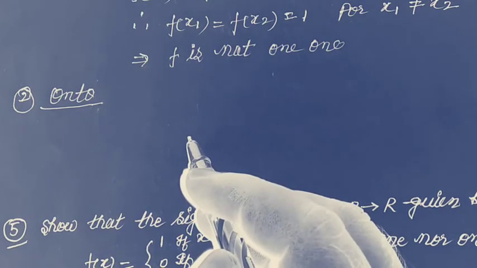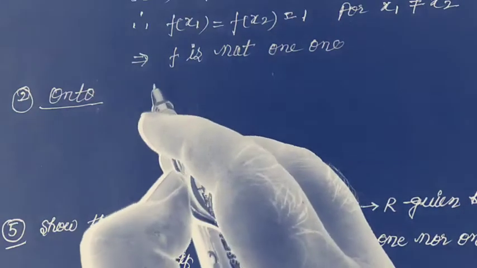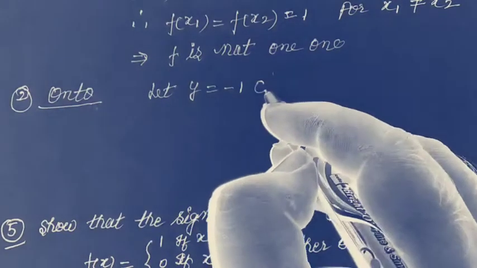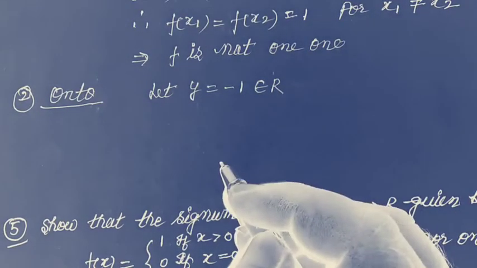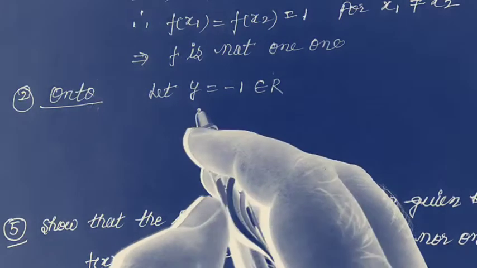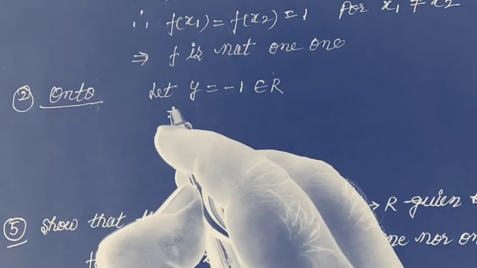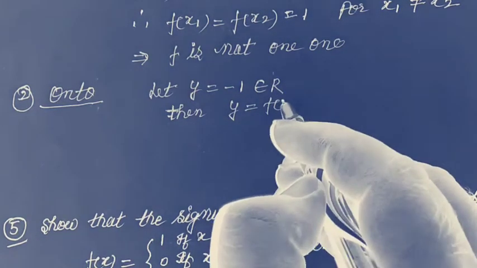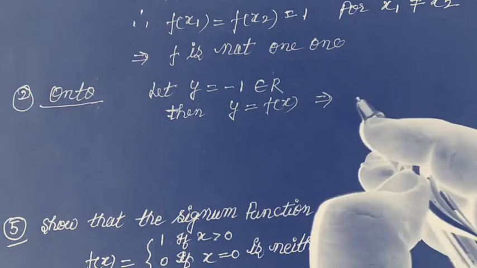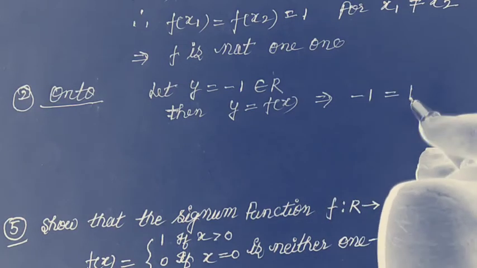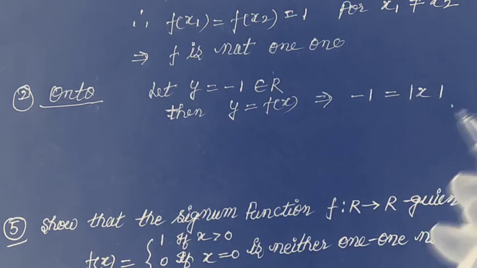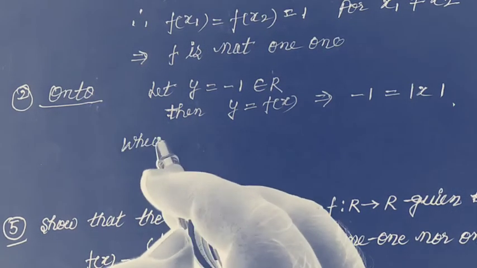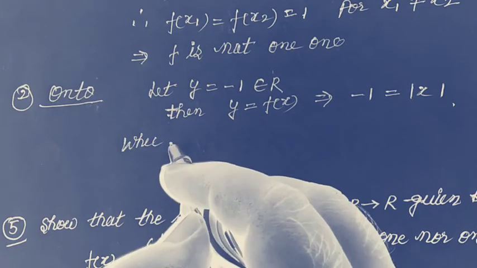We can take here, let y equals -1, which belongs to the real numbers as the codomain, and if y equals f(x), then we can write -1 equals mod x, which is not possible.